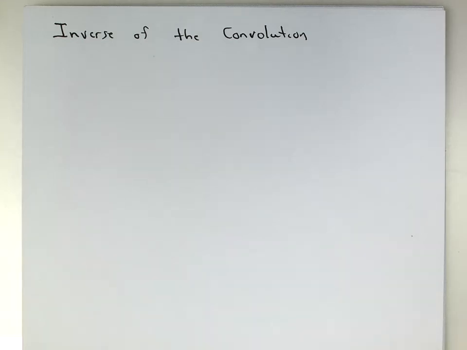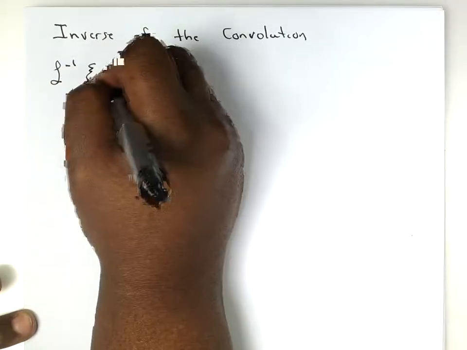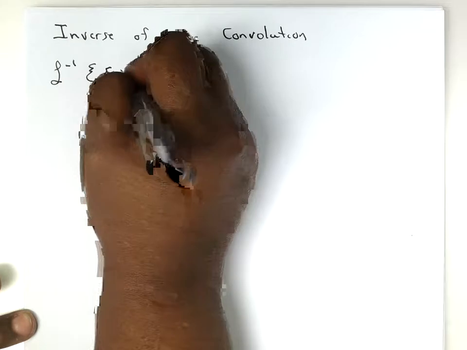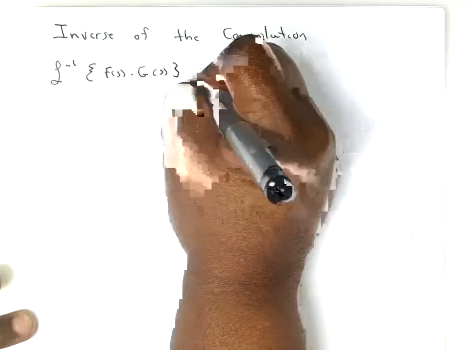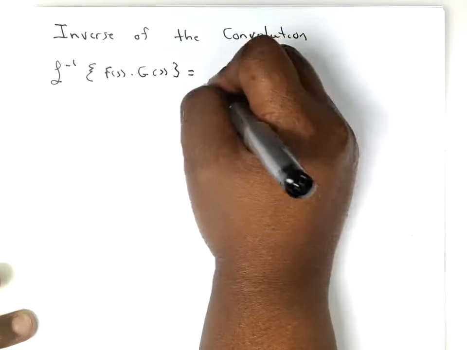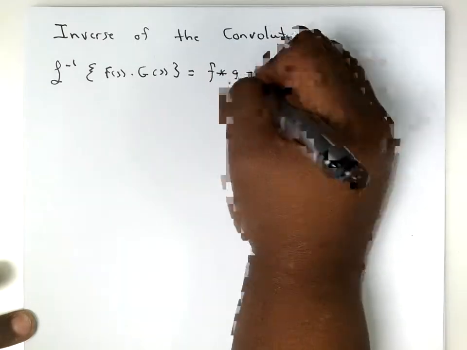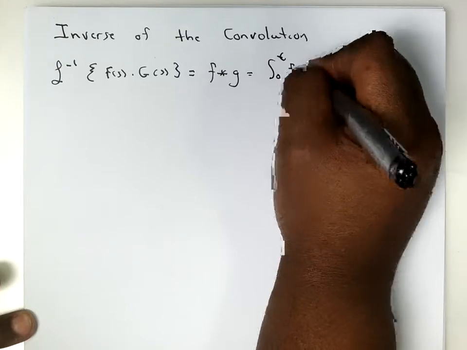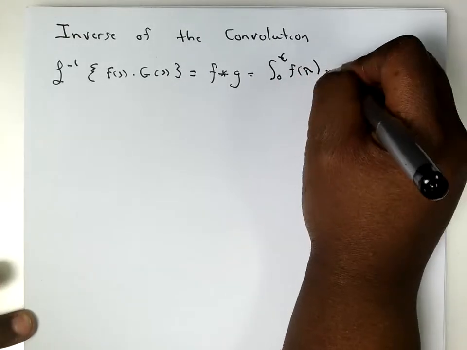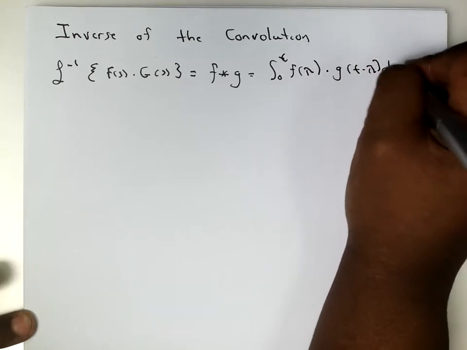Now we're going to look at the inverse of the convolution. So I have to do the inverse Laplace transform. If I have the form F(s) times G(s), it's going to give me the convolution of f and g, which by definition is the integral from 0 to t of f(tau) times g(t minus tau) d tau.